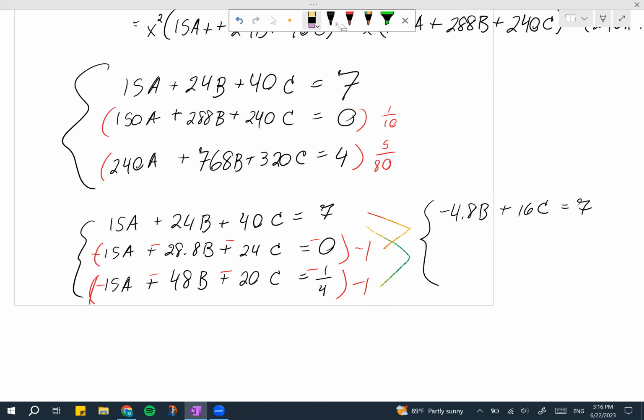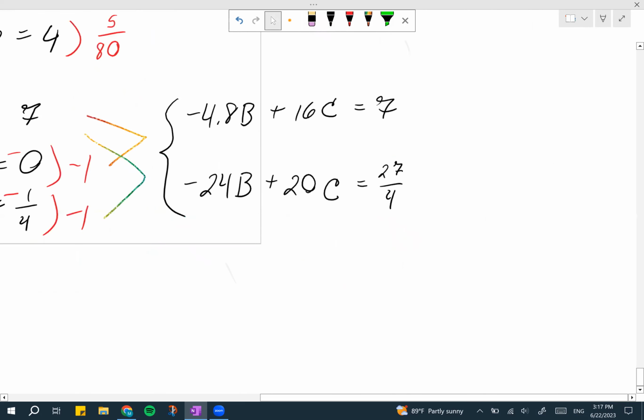Then looking at the first and the last expression, the 15a and the -15a will cancel, and I'll be left with negative 24b plus 20c equals 6 3/4, which is 27/4. All right, now I have a system of two equations and two unknowns.